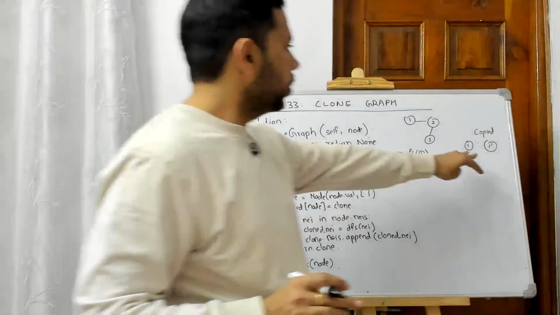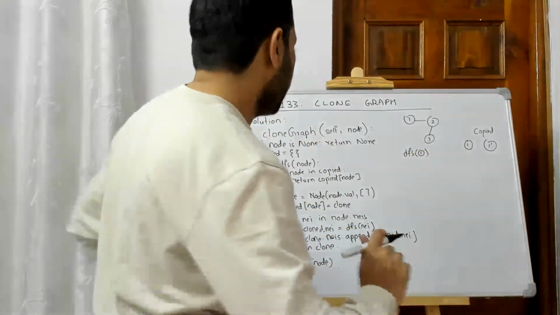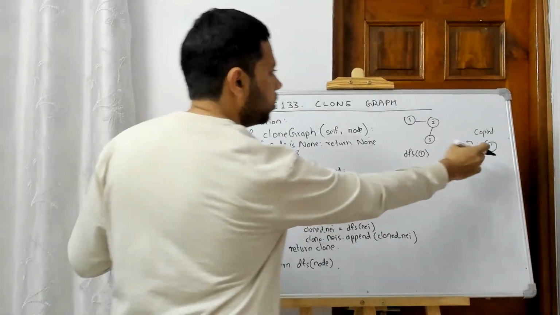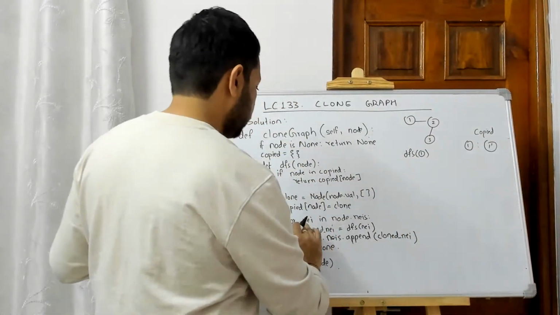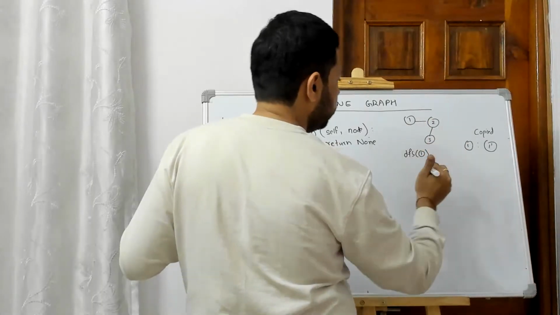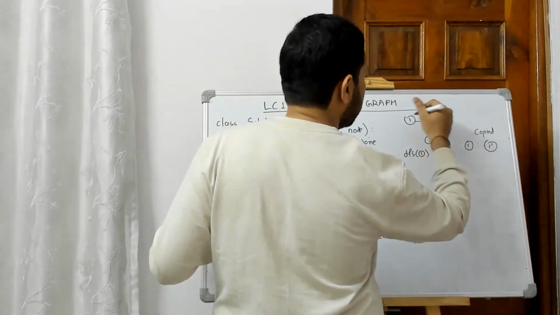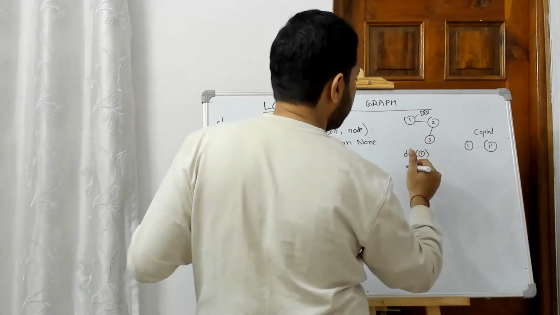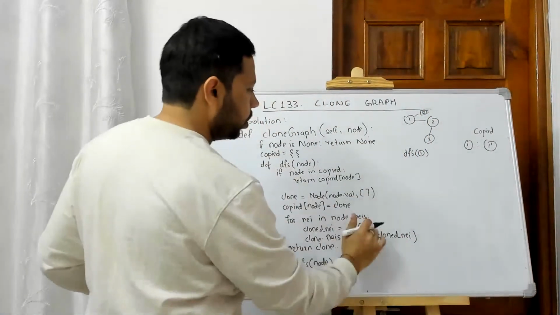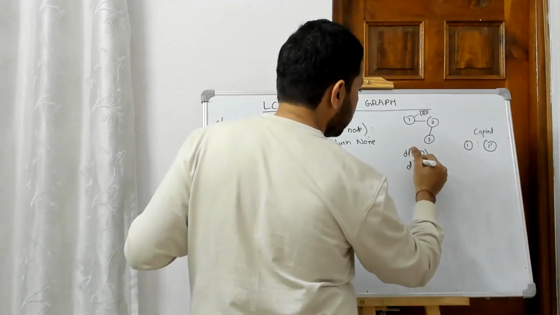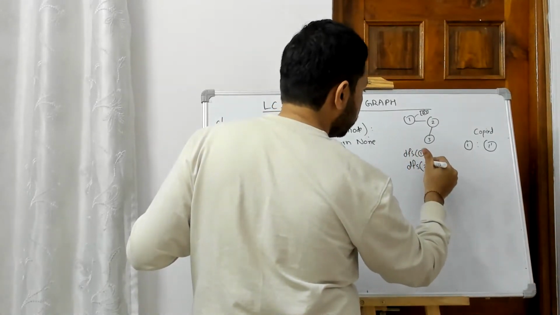So this is the clone copy of 1. You'll do DFS on 1. Then copied of 1 becomes the copy of 1. Then for neighbor in node.neighbors, the neighbor of 1 is 2. So you will do a DFS on 2.